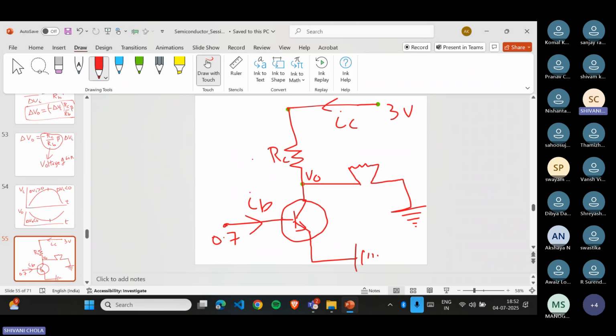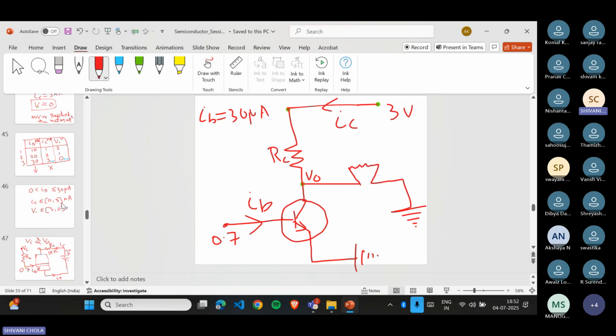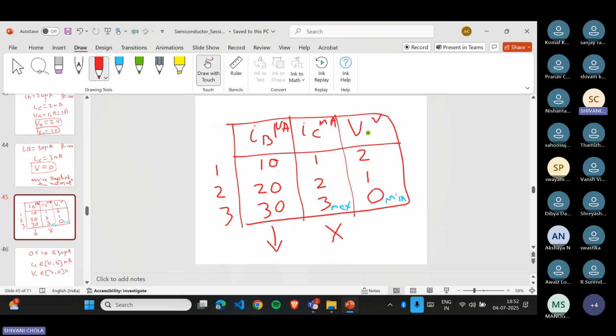So my friend, tell me, if the value of IB, let's say, is 30 microampere, then what will happen? What will be the potential at this green point? Just look at the table. It will be zero, right?